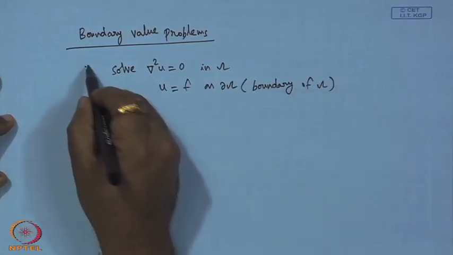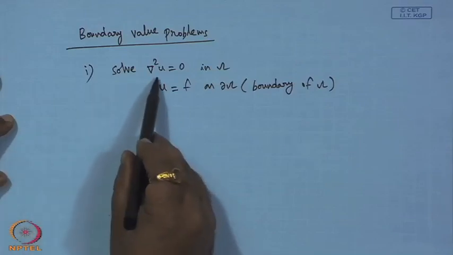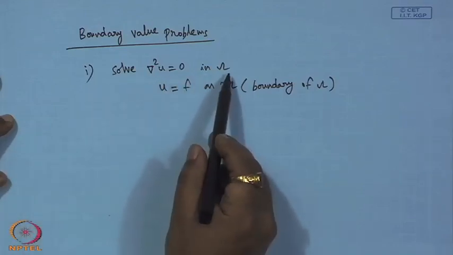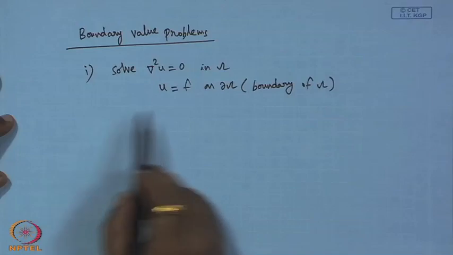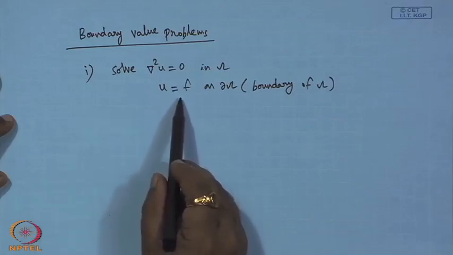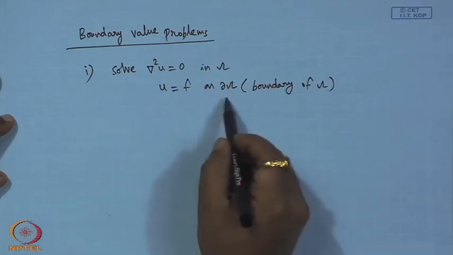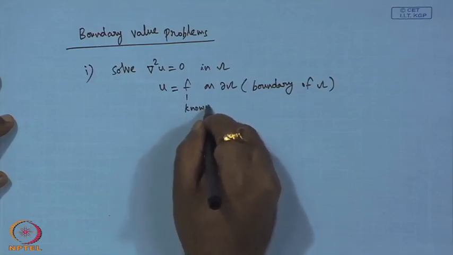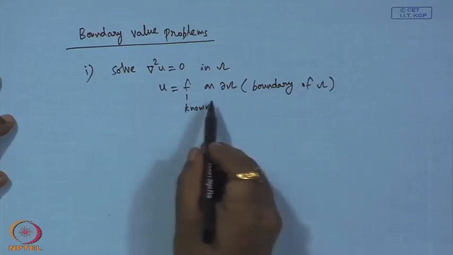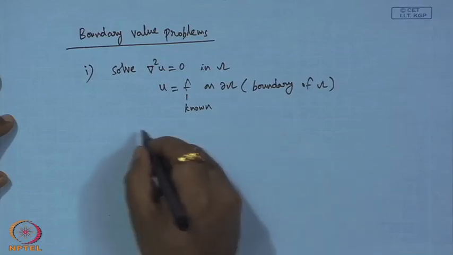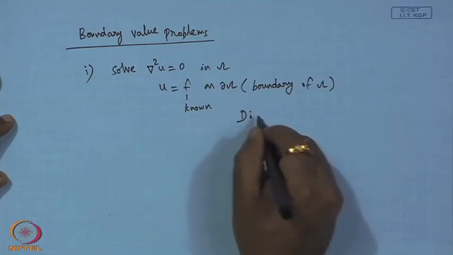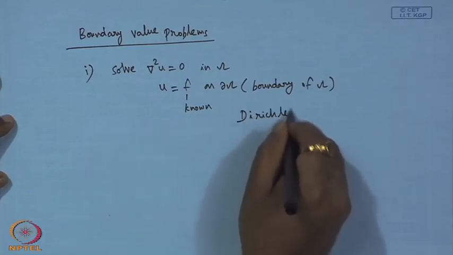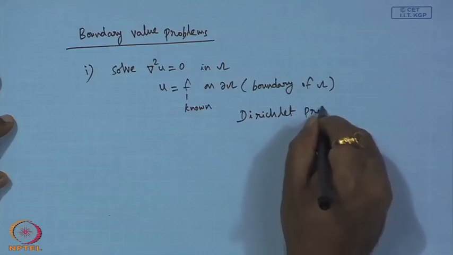So, I give one: solve the Laplacian in omega, which is closed and bounded, then u equals f, which is known. That means the function is prescribed on the boundary. This is called, yes, you are right, the Dirichlet problem.